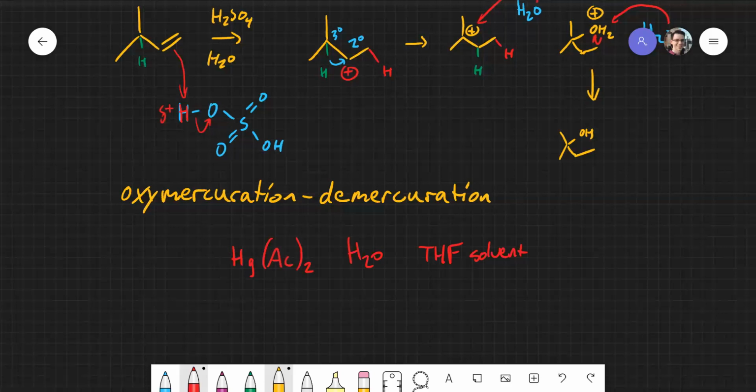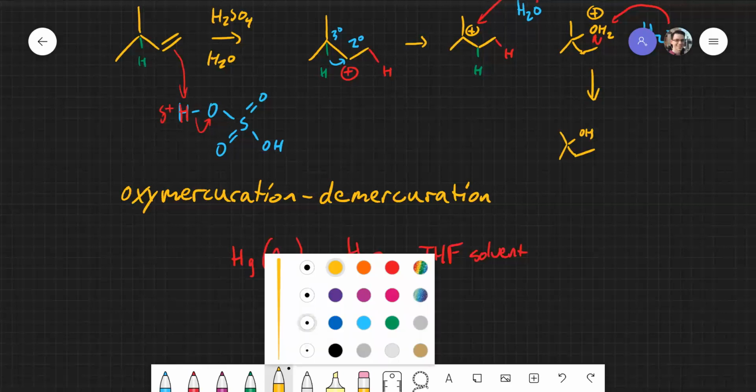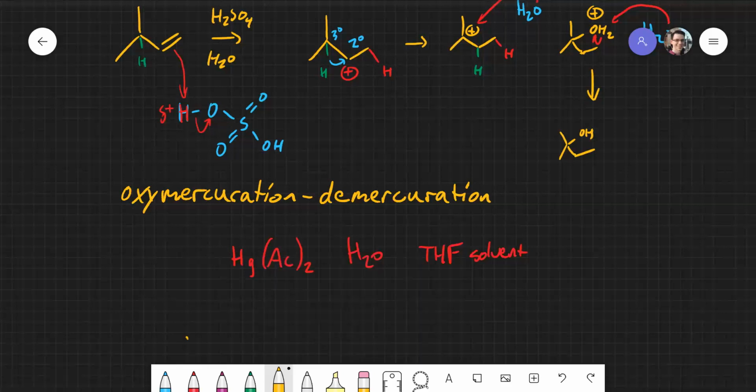What's notable about this reaction is that the mercury that's added stabilizes the carbocation intermediate, which prevents rearrangement from happening.